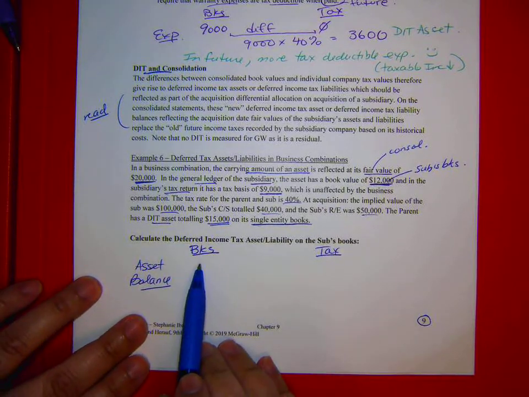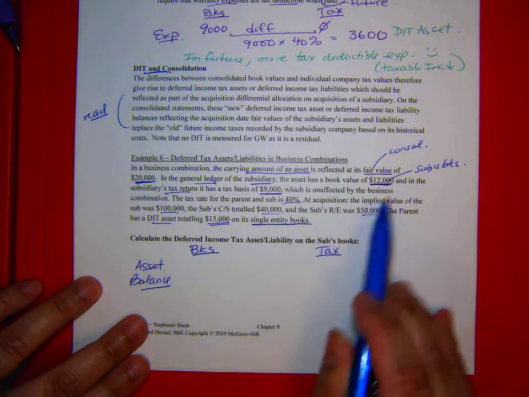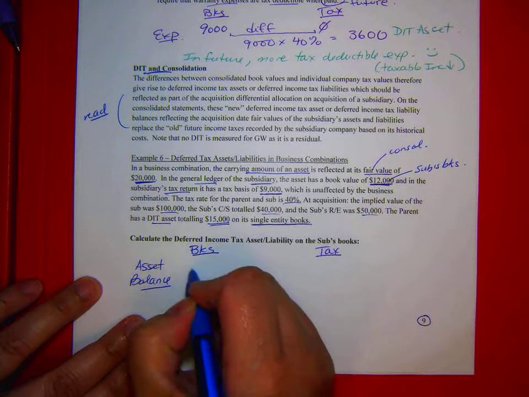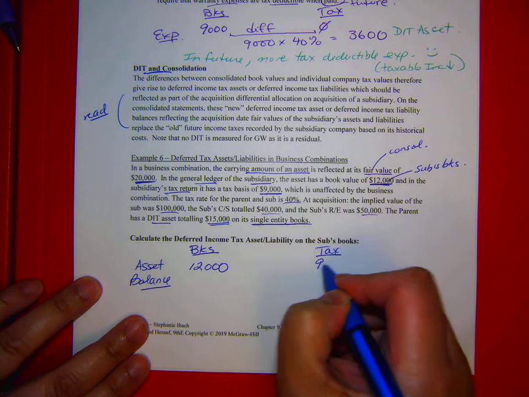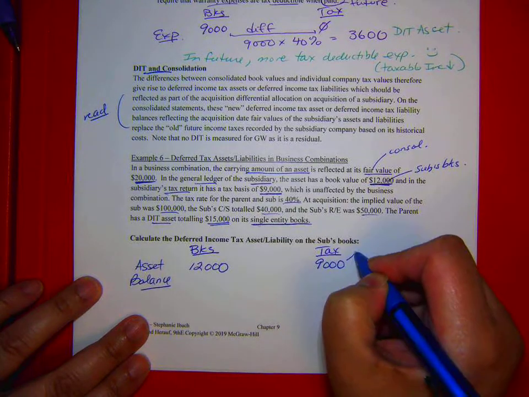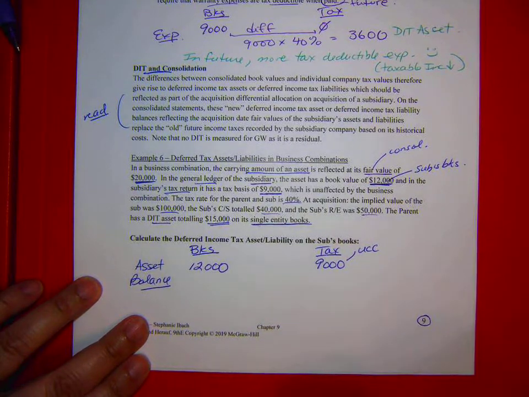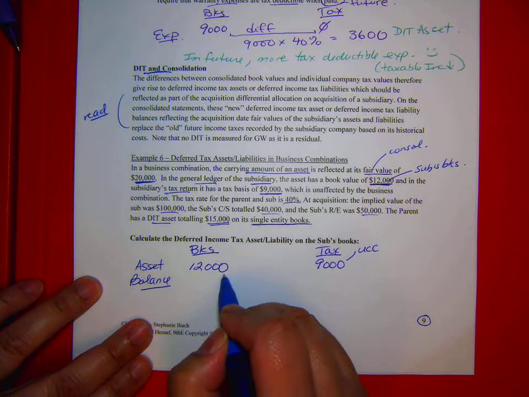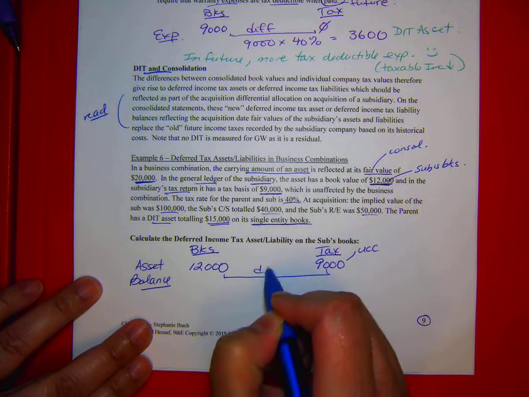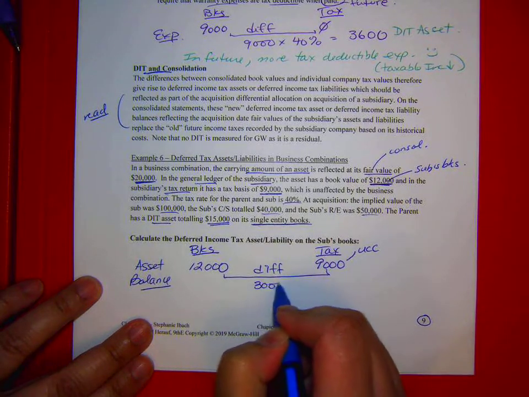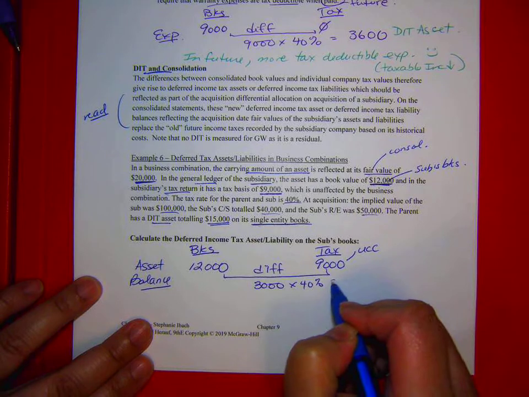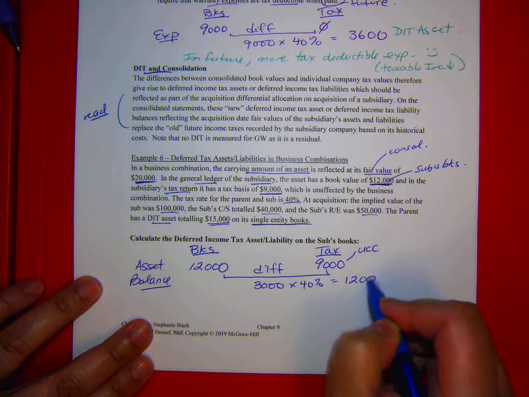On the books, the sub has it at $12,000, and its tax basis is $9,000. So that would be its UCC, and this is its book value. So we take the difference, just like we did in those other examples on the other video. 3,000 times 40% is 1,200.